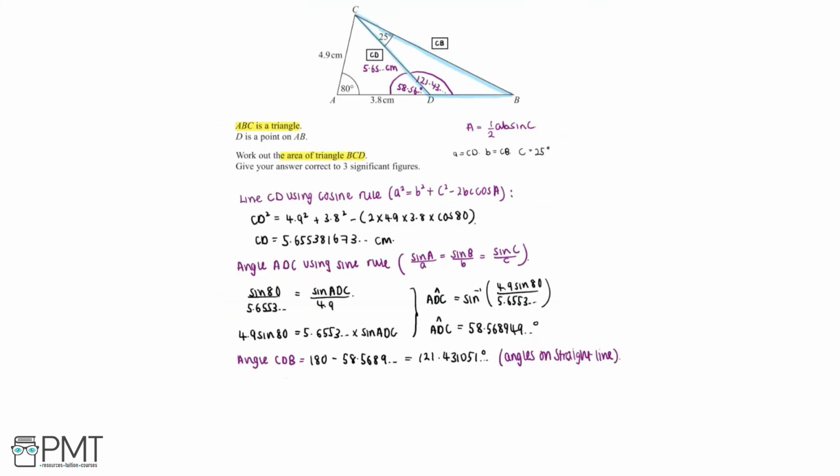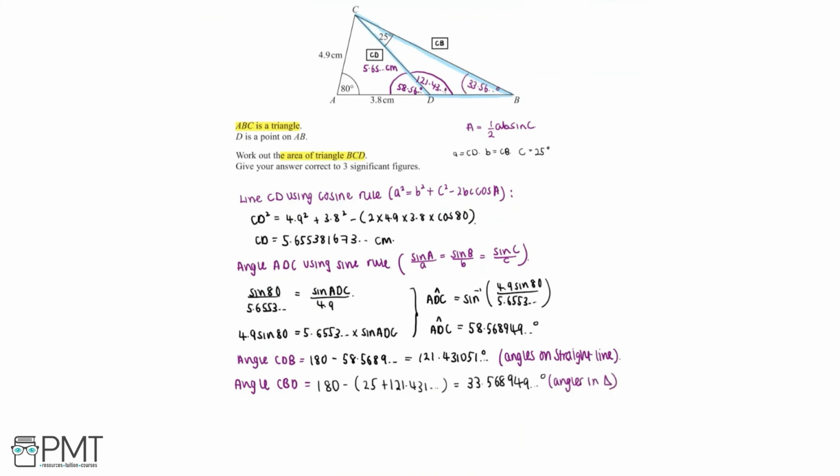Now looking at triangle BCD, we know angle DCB and angle CDB, and so we can use these angles to find angle CBD, because angles in a triangle add up to 180 degrees. And so angle CBD is equal to 180 take away 25 plus 121.431, which is equal to 33.5688949.